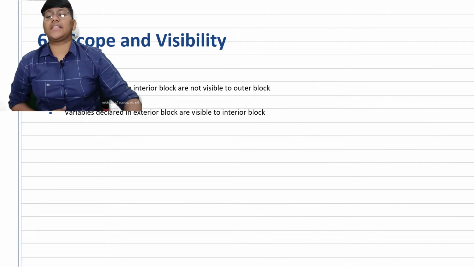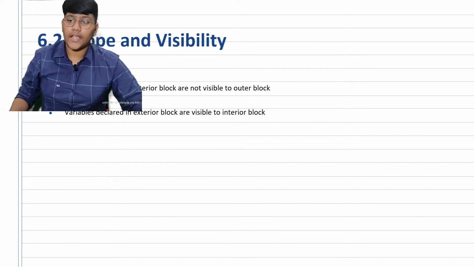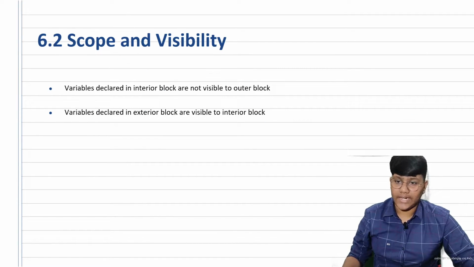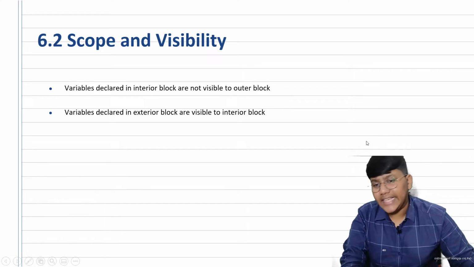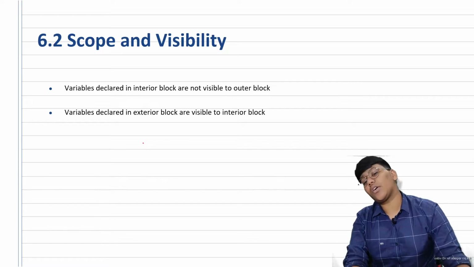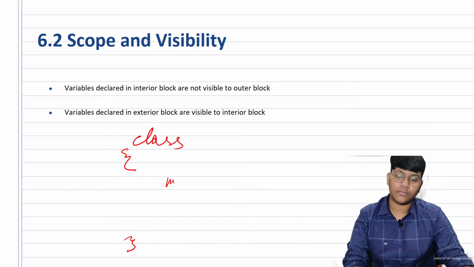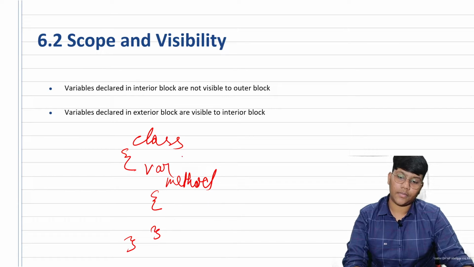Now comes our topic, 6.2, scope and visibility. Variables declared in interior blocks are not visible to the outer block. Variables declared in the exterior block are visible to the interior block. For example, class, method, var 1, var 2.